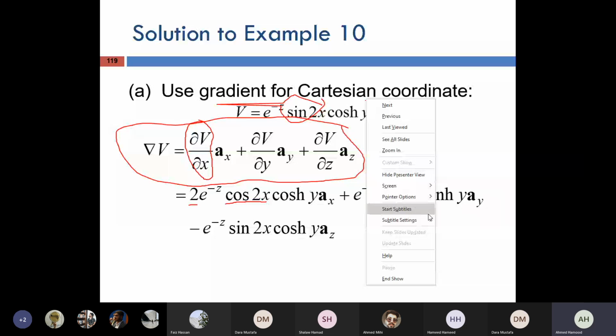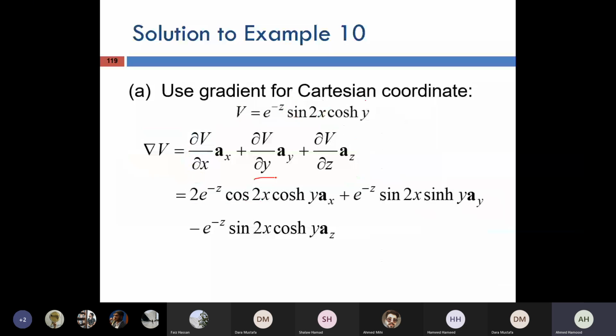Then based on y, you have to differentiate based on y. You have only this part, cos y, and the derivative of cos will be negative sine. The rest is easy. This one and this one are constant, just rewrite them. Then we have to do it based on z.